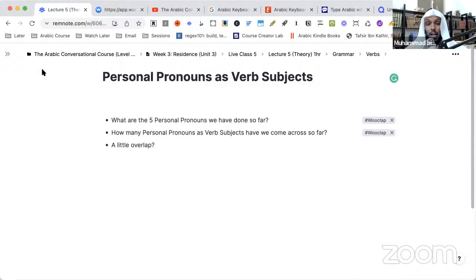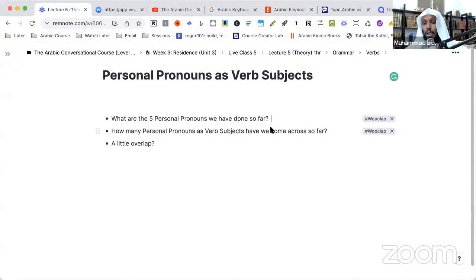So the way we're doing it now with the book, we're following the book structure. Not necessarily the best way to present it, but we're just following the book structure, inshallah. But those grammar classes, inshallah, are going to be structured logically, in the way that makes the most sense.